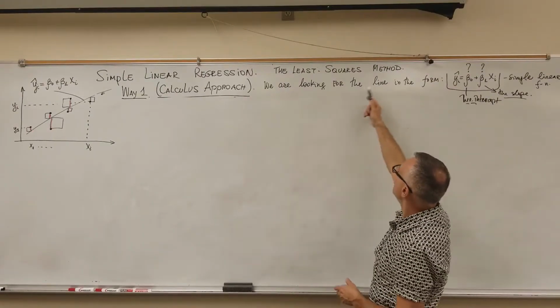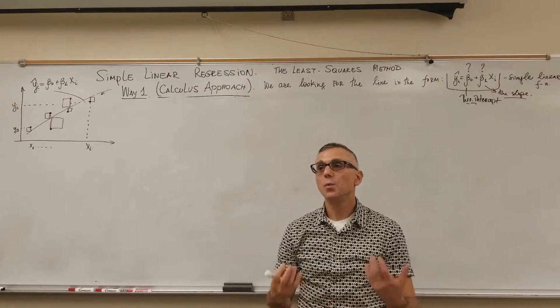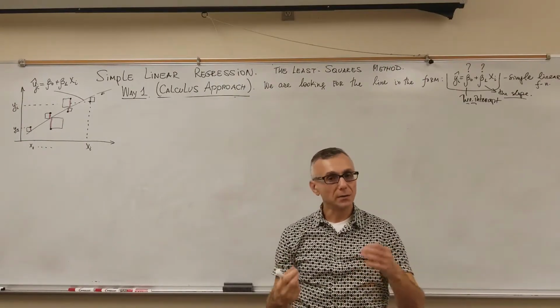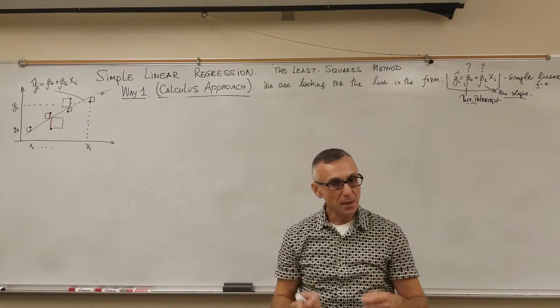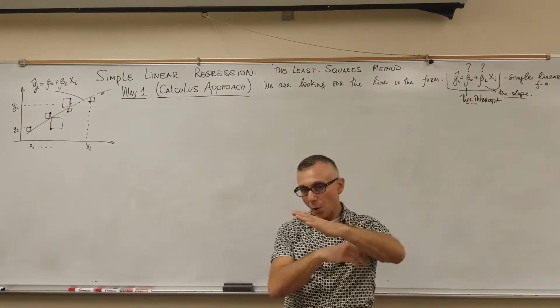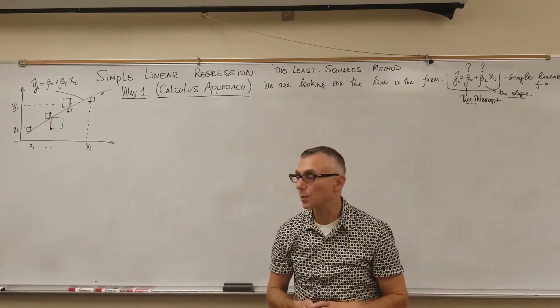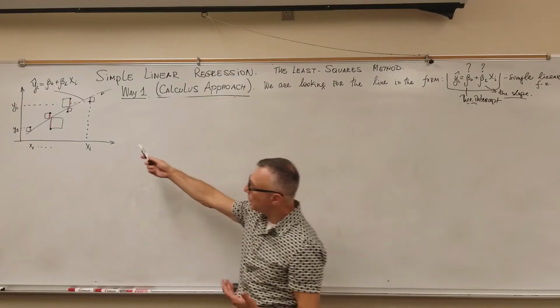We're using the least squares method to find that unique line where the sum of the squares of all the differences between the real outputs, the observed outputs, and the outputs offered by my model attains its minimum. In other words, this is how I visualize it.